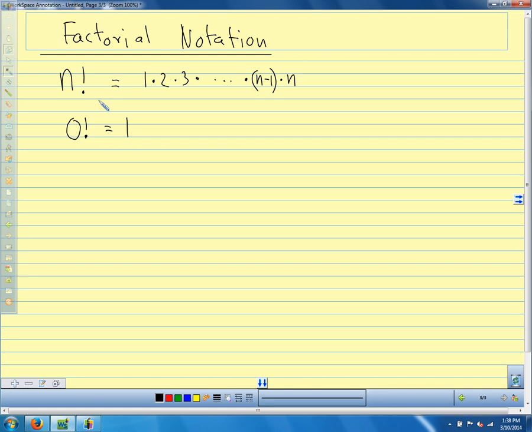So for example, if we wrote 2 times n factorial, we would do the factorial before we do the multiplication. And that would be 2 times 1 times 2 times ... up to n.